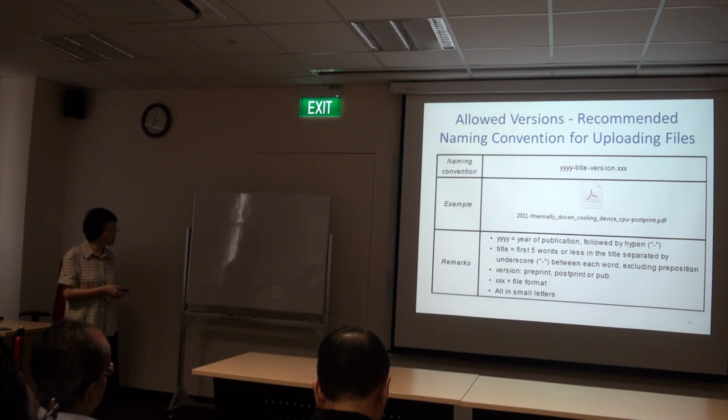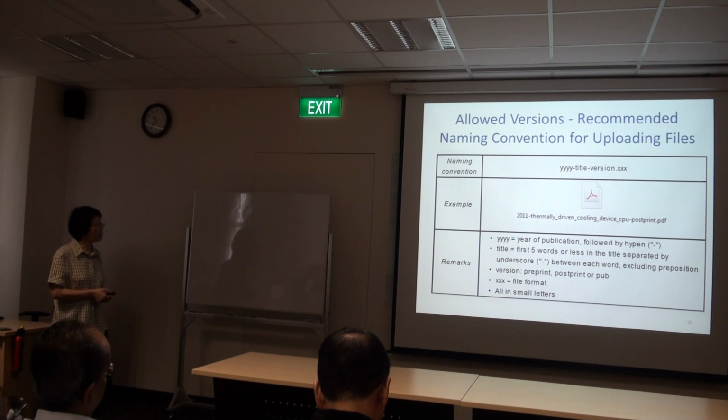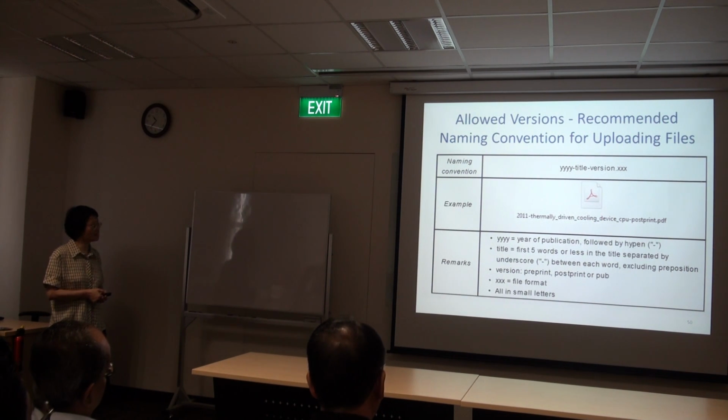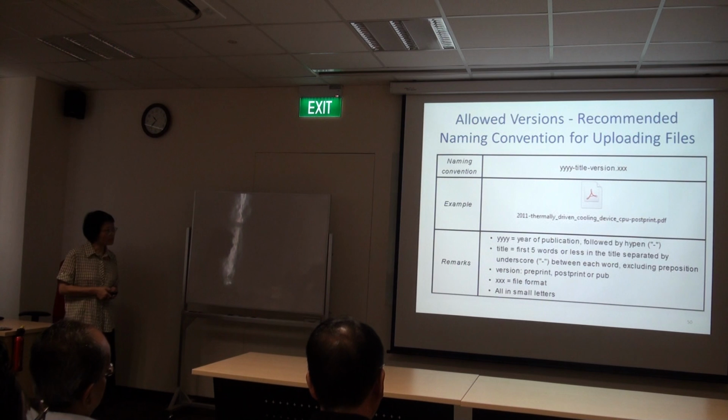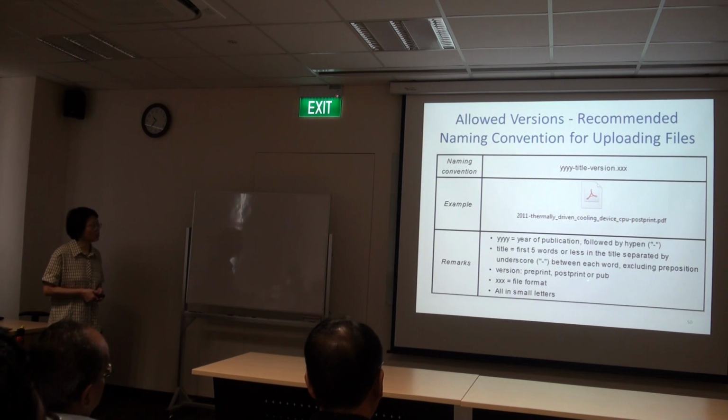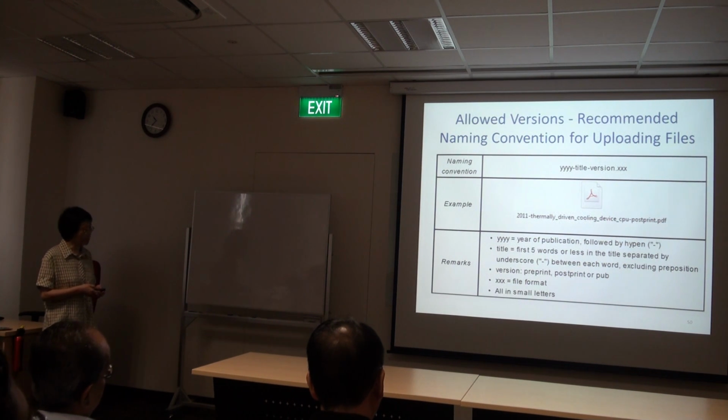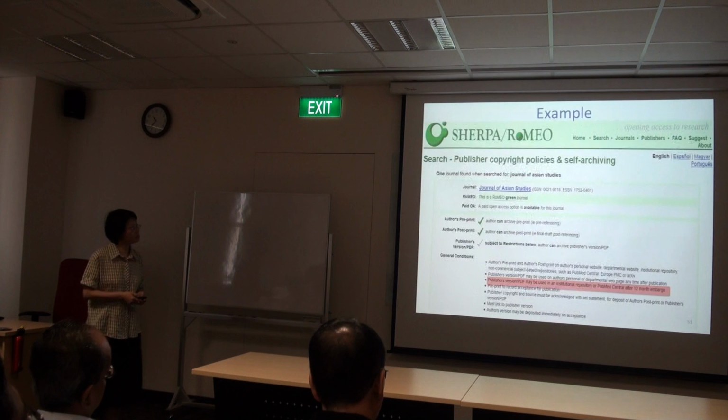The convention is the year in 4 digits, followed by a hyphen, followed by the first 5 keywords of the title, connected together with underscores, and then a hyphen with the version, post-print, preprint or published version, and then PDF, the format of the file.